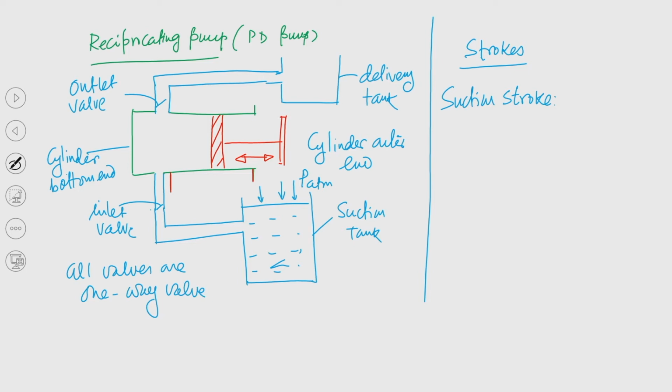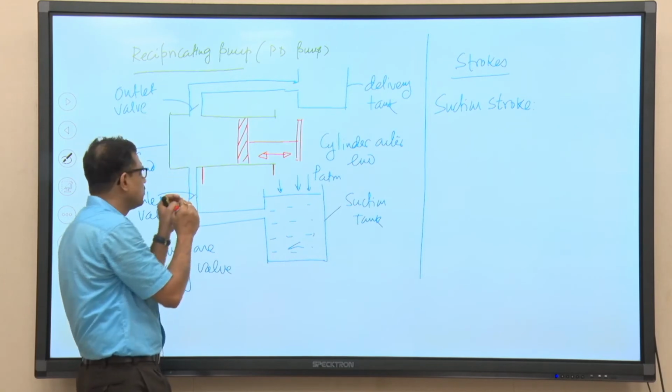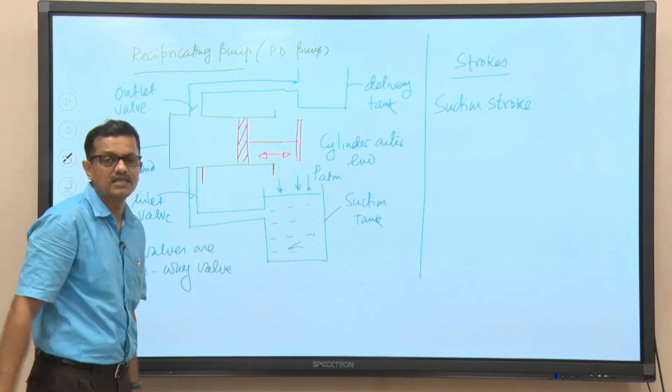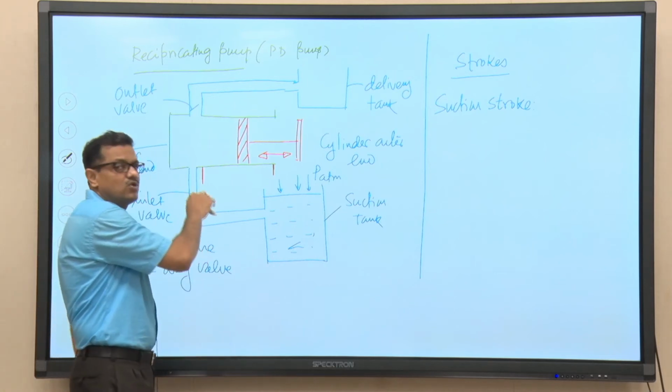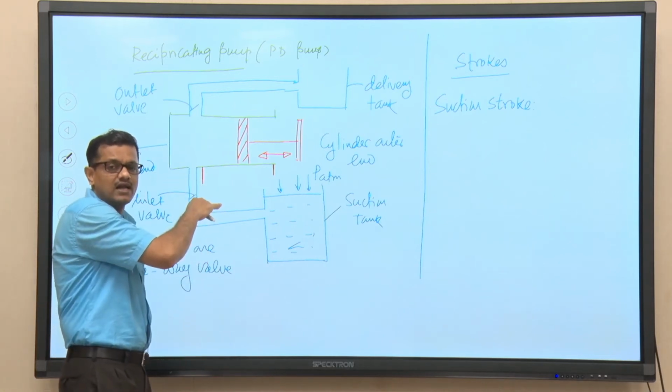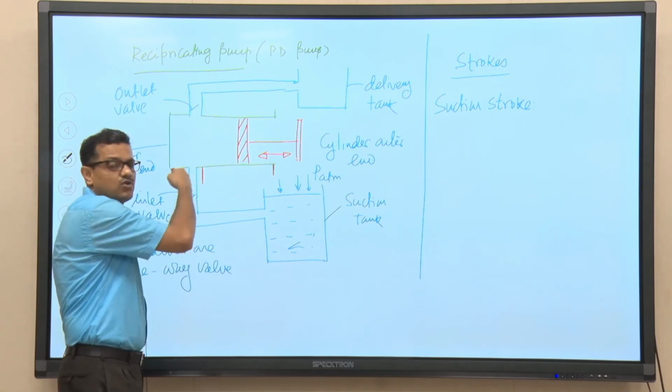When the liquid is moving to the cylinder from the suction tank, the valve will open because there is sufficient driving force, and the driving force is able to lift the valve overcoming its inertia. The common tendency of the valve will be to remain seated until sufficient driving force is acting on the valve, and liquid will not go into the cylinder.